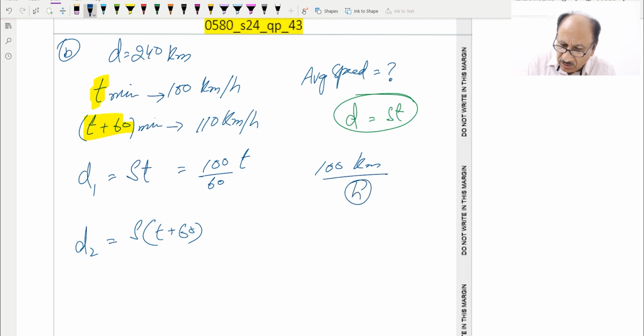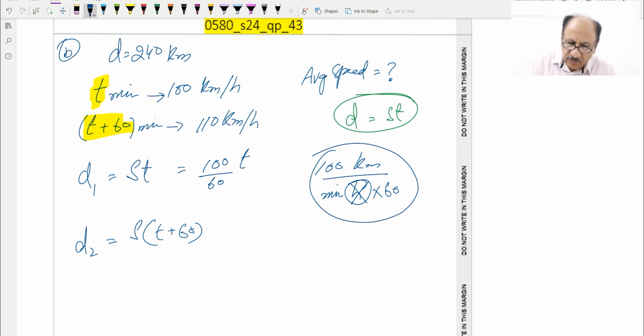To convert this, we multiply the denominator by 60 to convert hours into minutes. So this will be 100 over 60 kilometers per minute. Hopefully you understood this conversion.